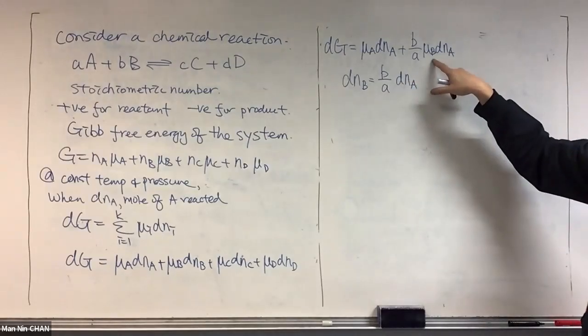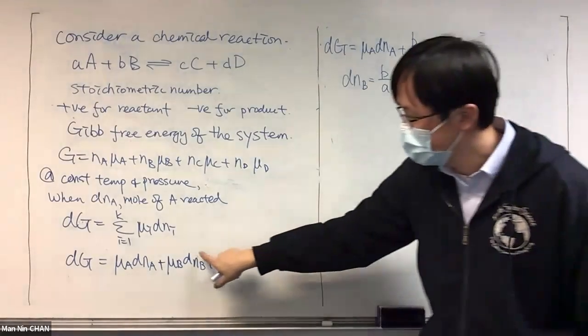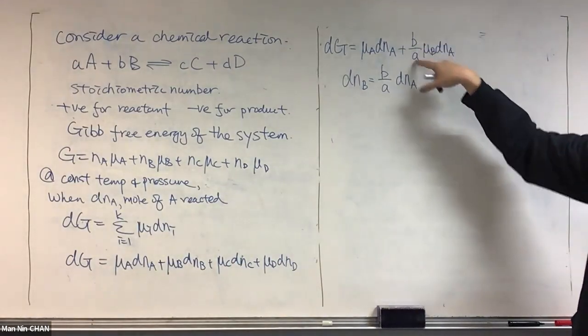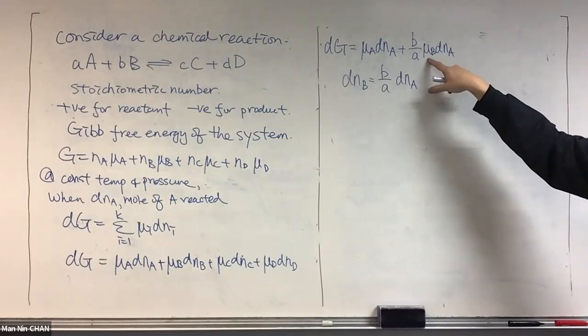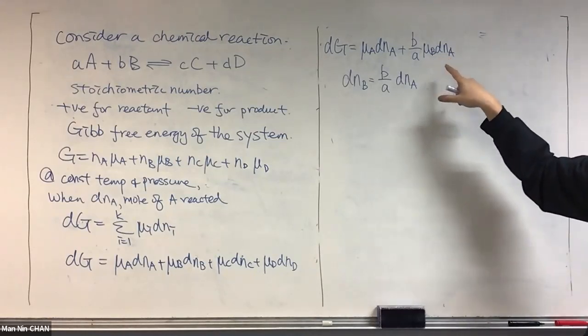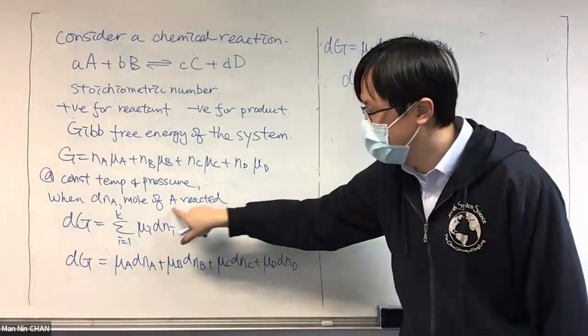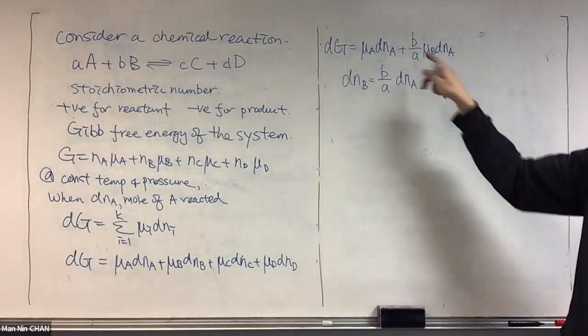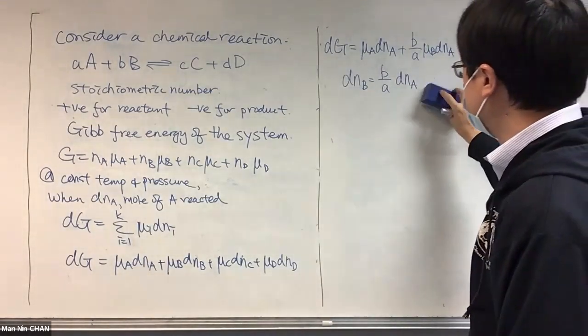Therefore, I can replace this term here, so I can express the equation just using the stoichiometric number ratio. I still have this chemical potential, and this is the change in the number of moles of A, that means the moles of your A reactant. This is just playing around with this one.